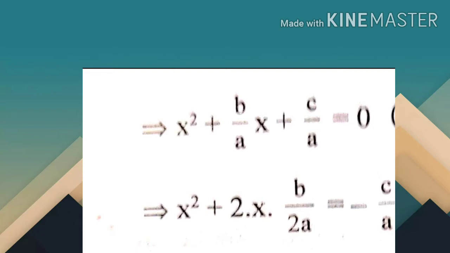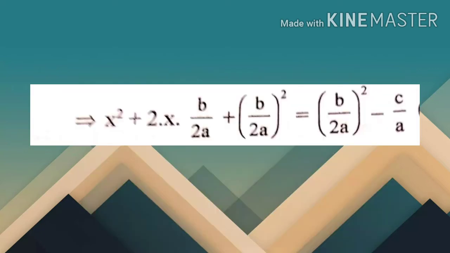Now transposing c/a to the right hand side, we have x² + 2·x·(b/2a) = -c/a. For completing the squares, we have to add the square of b/2a on both sides of the equation. On adding (b/2a)² on both sides, we have x² + 2·x·(b/2a) + (b/2a)² = (b/2a)² - c/a.